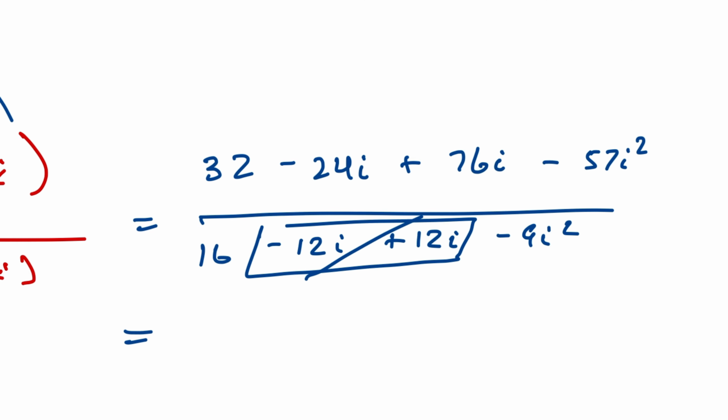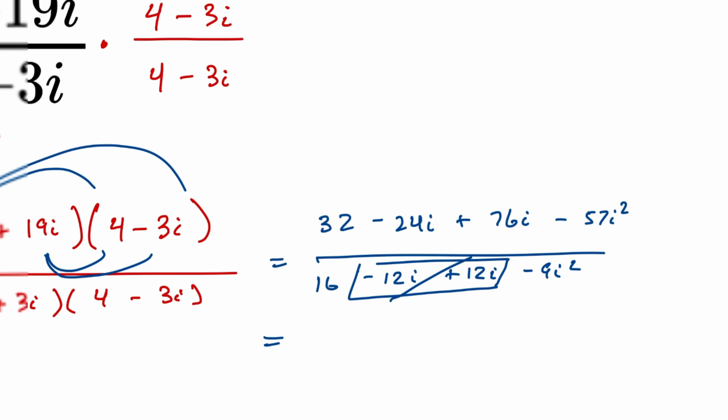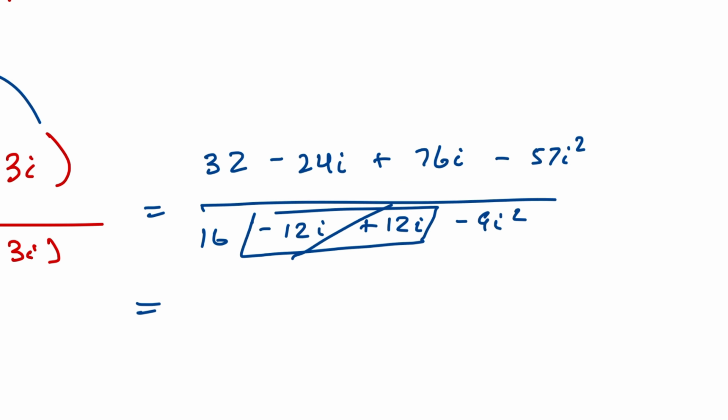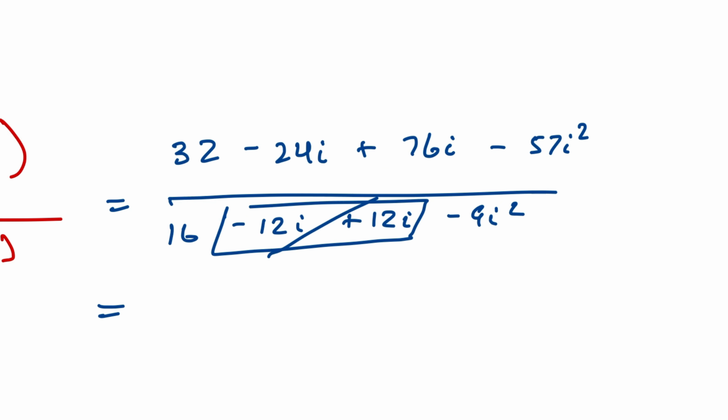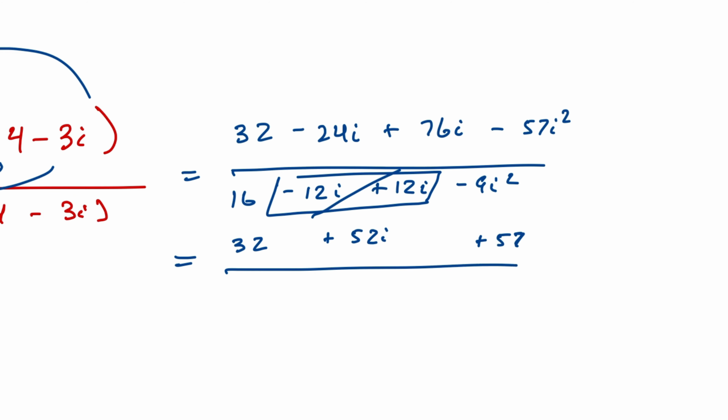Now on the top, we still have a lot to deal with here, right? We have, okay, negative 57i squared, which that's really just going to be a positive 57 now. And so we have 32 over here, and that 57, we're going to combine those in a second. We have negative 24i plus 72i. That should bring us to positive 52i, okay? And then let's just do that top part. 32 plus 57, you should get, what, 89?